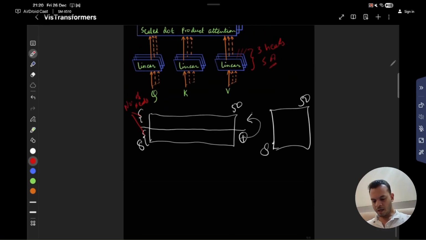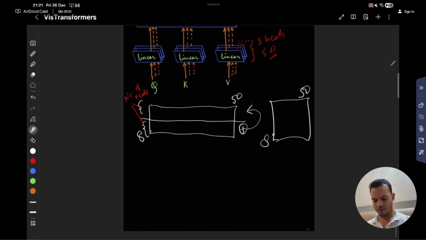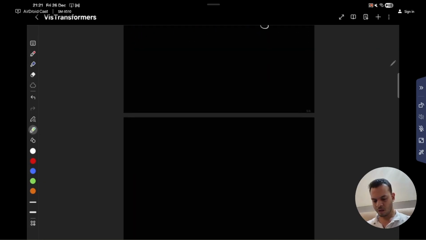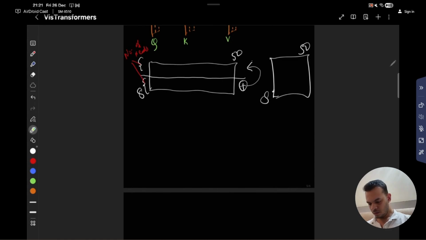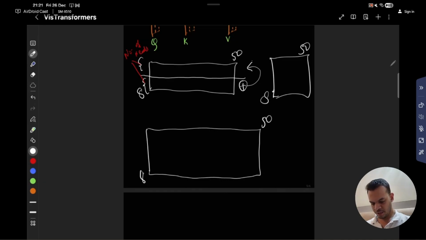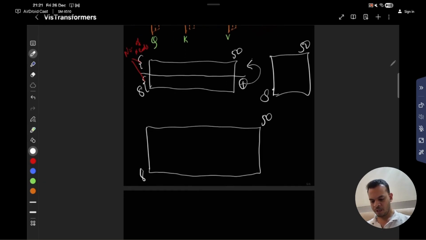Now going back to this stage, we will see what actually happens. So we have our tensor here, 50 cross 8. And then depending on how many heads we want, by the way, the number of heads times the feature size in each head should always equal the total feature size.